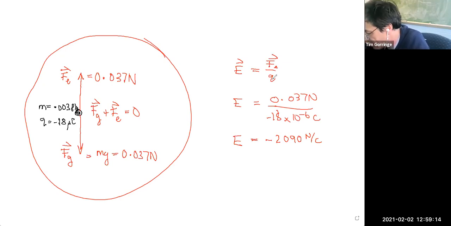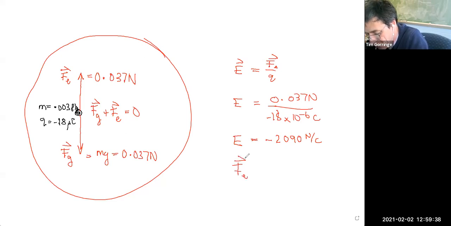The charge is not, it's a scalar. It can have a sign, but it doesn't have a direction. If the charge is positive, E and F are in the same direction. If the charge is negative, E and F are in opposite directions. So this sign here means that the electrical field is opposite the direction of the electrical force.